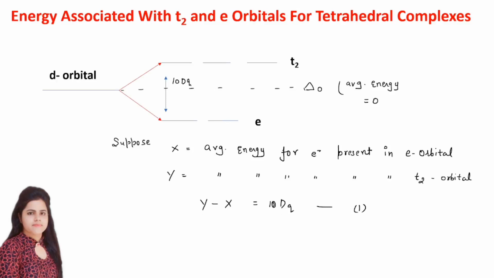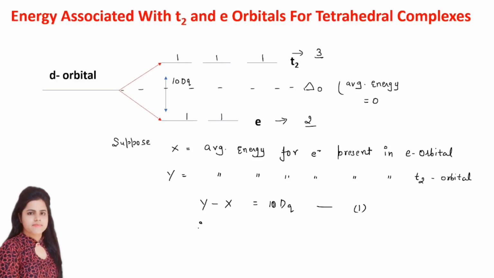And then I know the degenerate orbitals. For E orbital, I am having 2 degenerate orbitals. Degenerate means same energy. So this is my first and this is second. For T2, 3 degenerate orbitals are there.